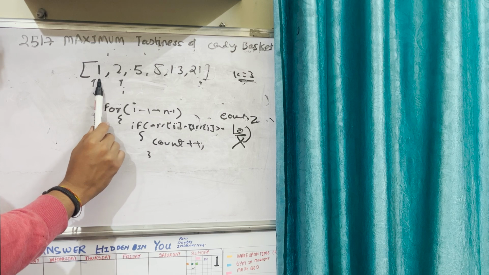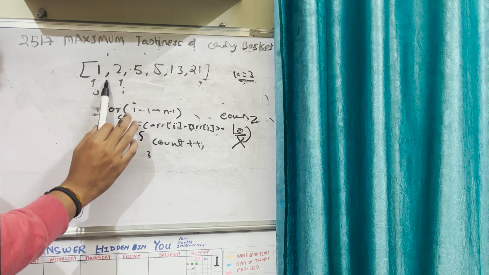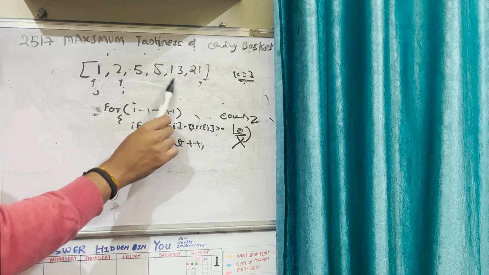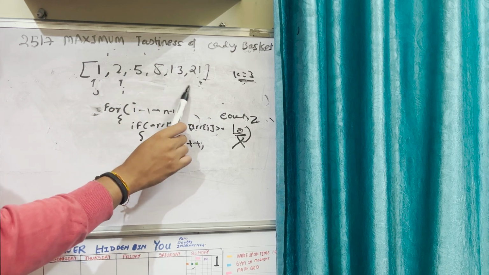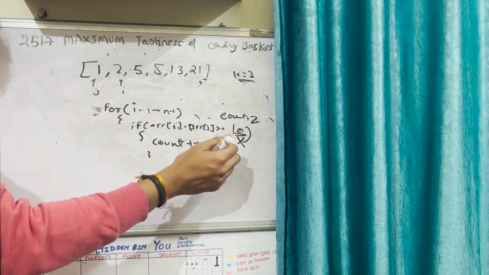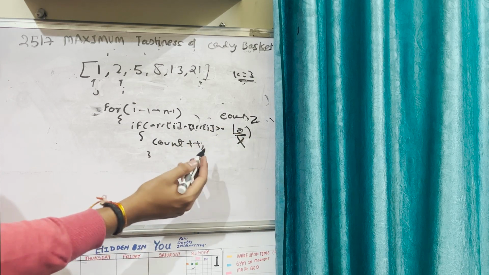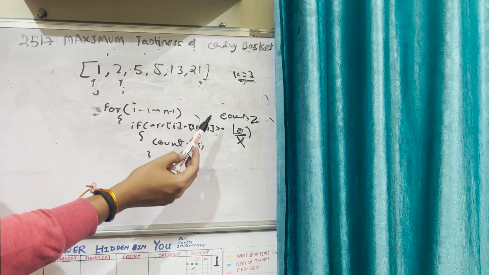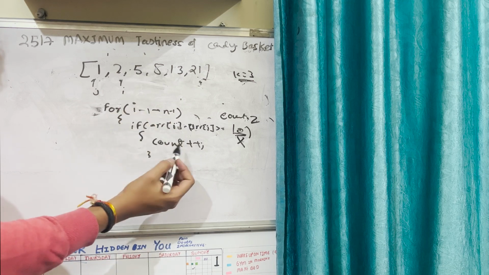For example, if you took this and J is pointing here, you will check if any value of I fetches you greater than or equal to 10, or x. So these two values will fetch you x or greater than 10, so count will be 2.